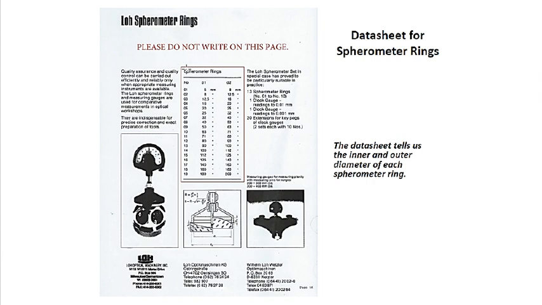LOH is just a company name, because we're using their spherometer base rings. Our spherometer base ring has the knife edges, the outer and inner diameter, so you need to know them, and that is given to you right here according to the base number. So make sure that you use the correct base number and the correct inner and outer diameters.